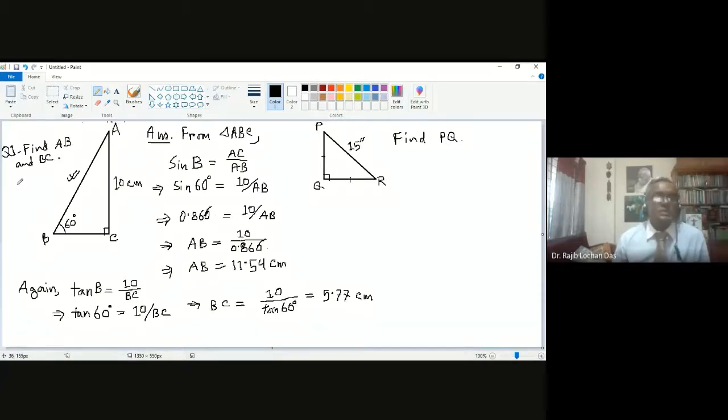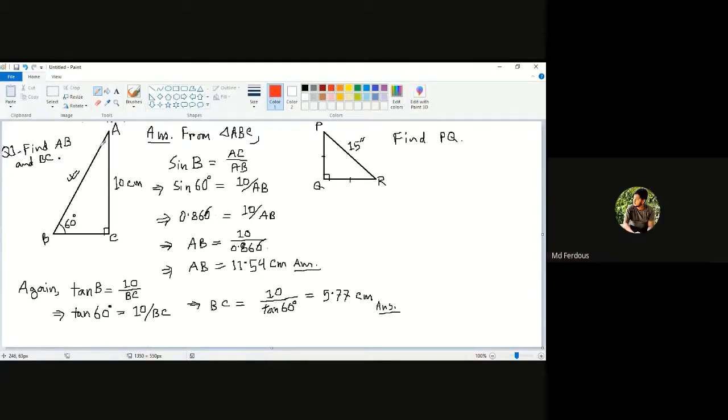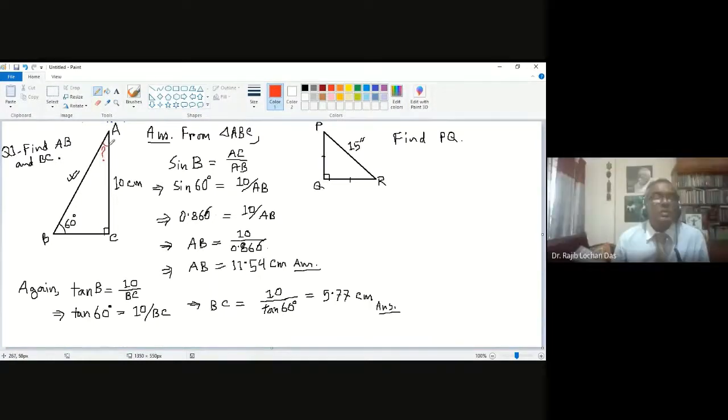It is finished, right? It is not asked what the other angle is. C angle is 90 degree. B angle is 60 degree, given. So what will be angle A?